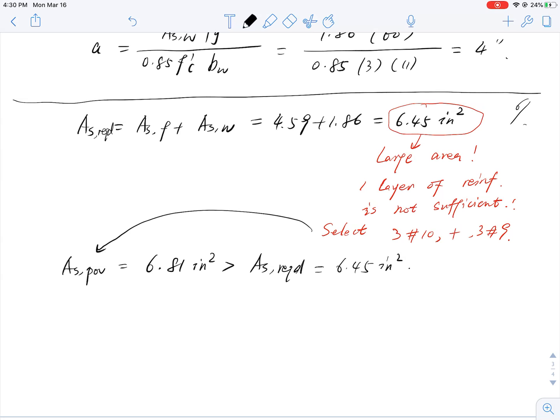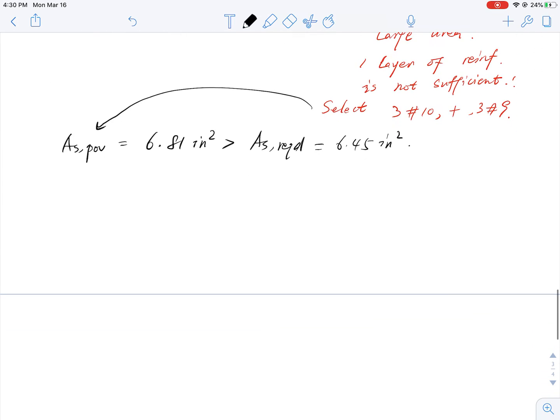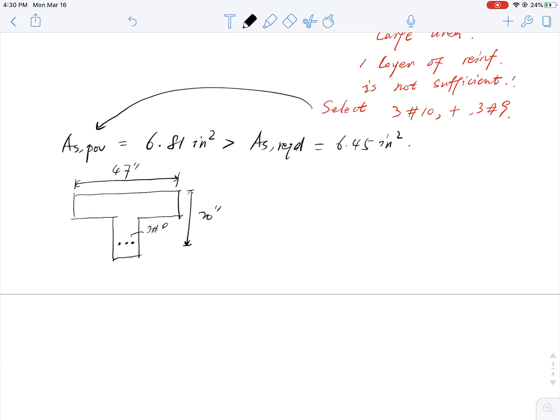Now my section becomes 47 inches of flange, 20 inches of d, and a group of bars: 3 number 9 and 3 number 10 at the bottom.